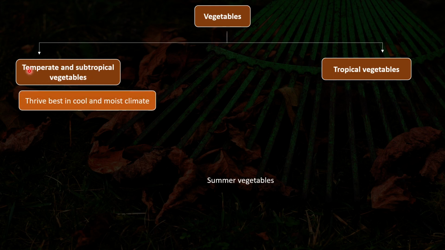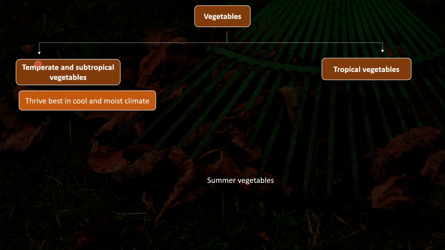So what do we mean by temperate and subtropical vegetables? Vegetables that thrive best in cool and moist climate, right? So all those vegetables that can be grown in cold climate, in moist climate, are called the temperate and subtropical vegetables.